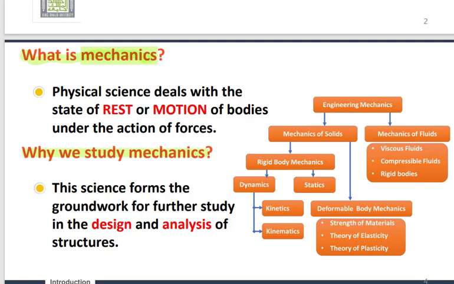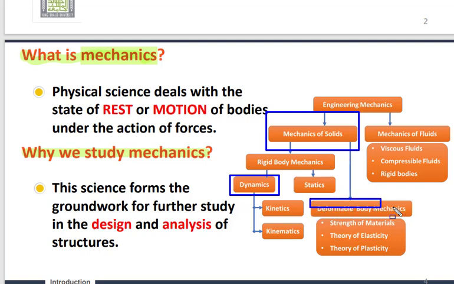In mechanics of solids, which is the most important part because we are dealing with dynamics, we have two parts. One is rigid body mechanics, another one is deformed body mechanics. Deformed body mechanics covers strength of materials, plasticity, elasticity. You will study this inshallah in the upcoming courses. But now we are focusing on dynamics.